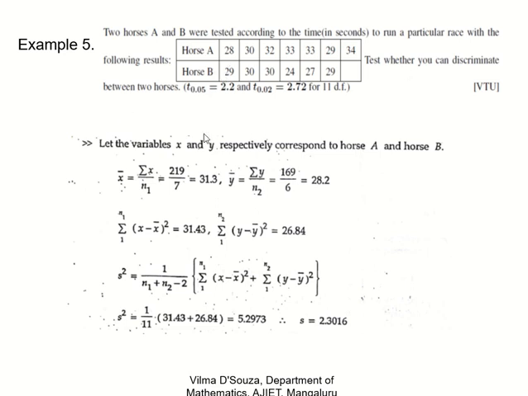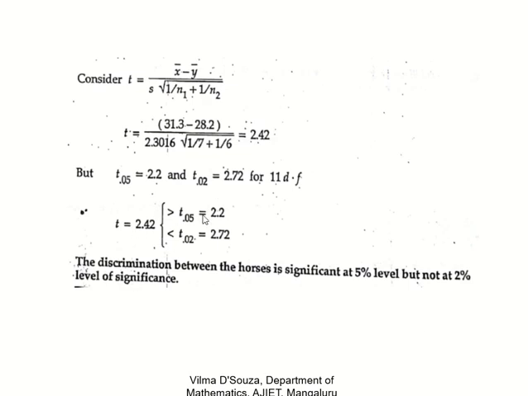There is no difference between the sample means, no difference between any two characteristics. So your assumption is there is no difference between the two horses. At 5% level of significance, the discrimination between the horses is significant. There is a significant difference between the two horses.